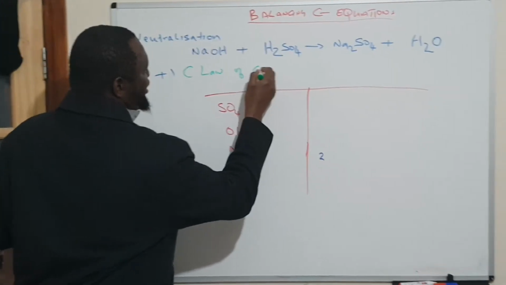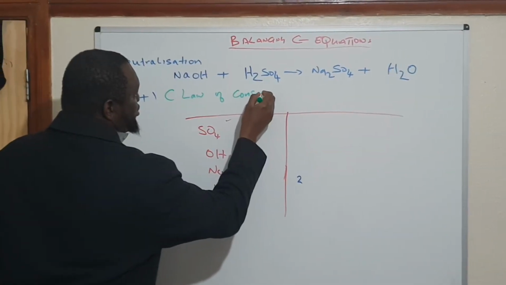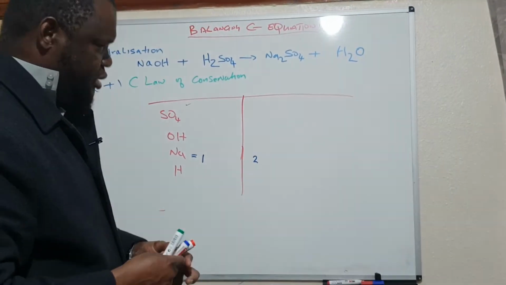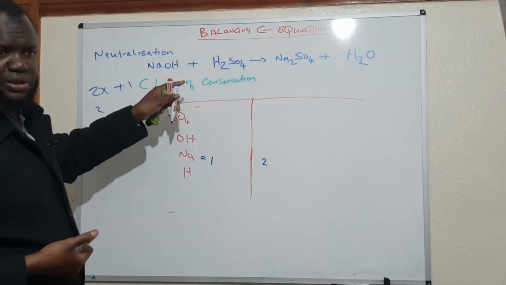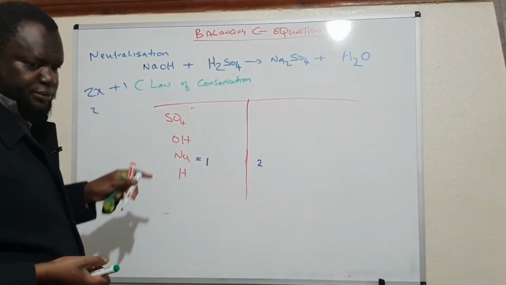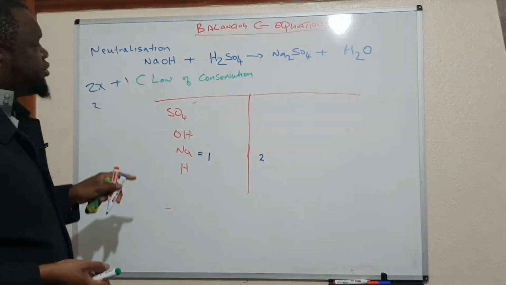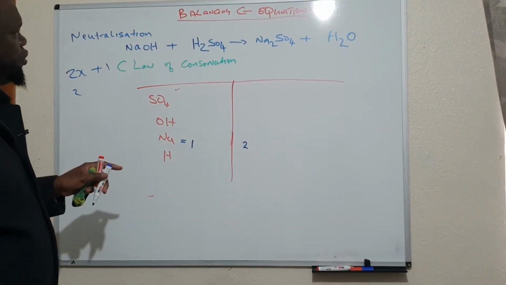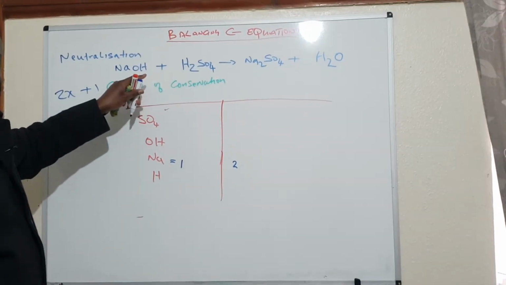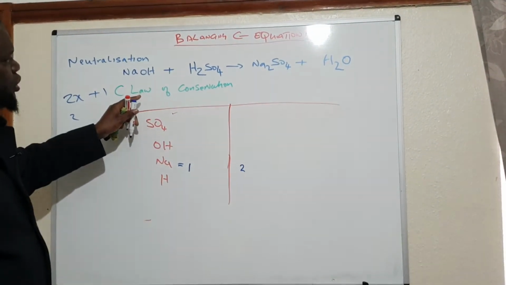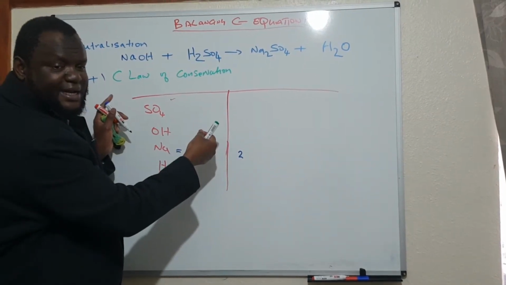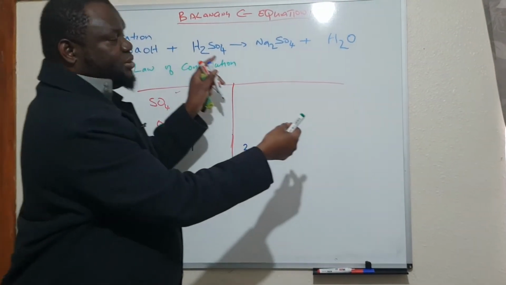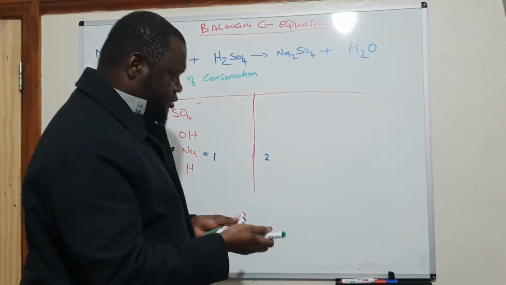It says that atoms cannot be destroyed in a reaction, and new atoms cannot be created. I explained in my previous video. So the number of atoms on the reactant side must be equal to the number of atoms on the product side.